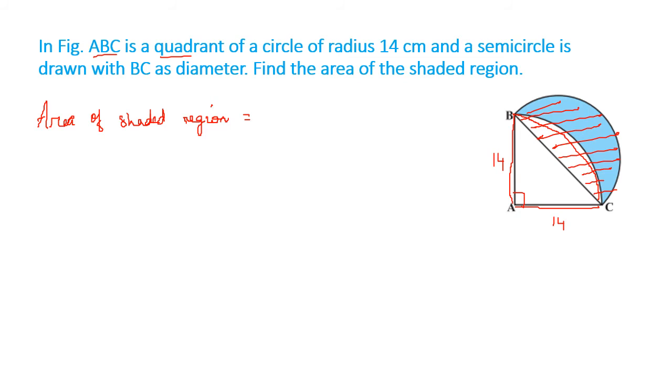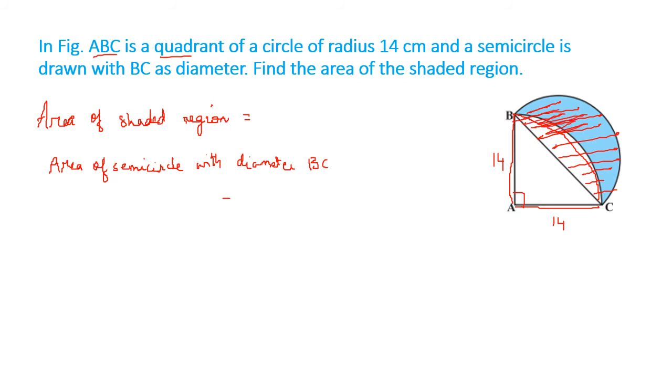We'll have to do area of shaded region equal to area of semicircle with diameter BC, area of the semicircle diameter BC minus, what will you minus from the semicircle?